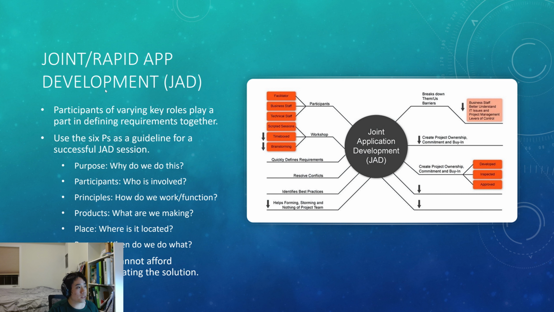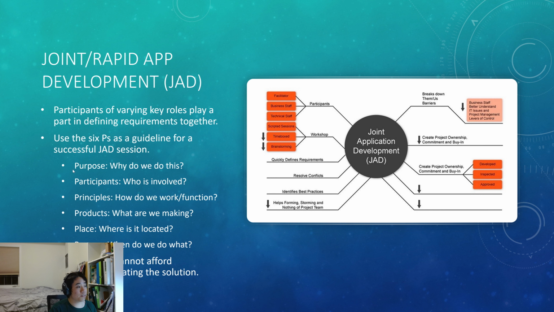Next is joint or rapid app development, which uses the acronym JAD. For joint or rapid app development, we involve people from a whole slew of key roles, and we determine the requirements together.